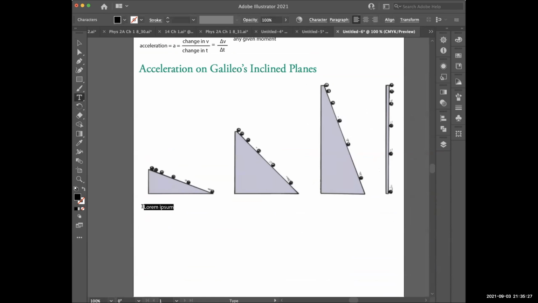So, let me just type in: Galileo used inclined planes to dilute the acceleration due to gravity.